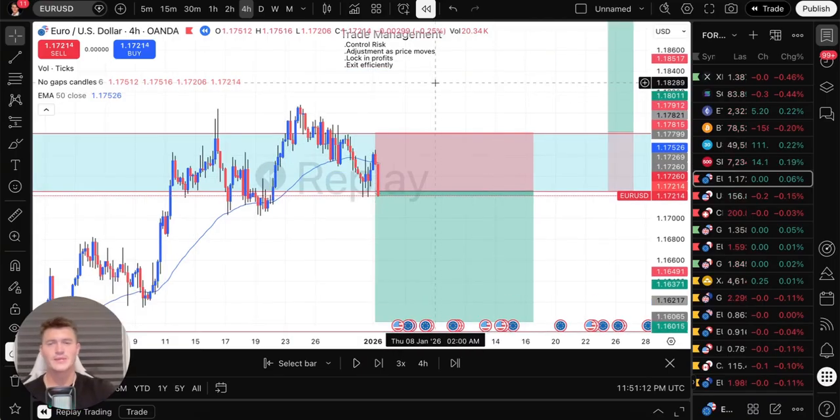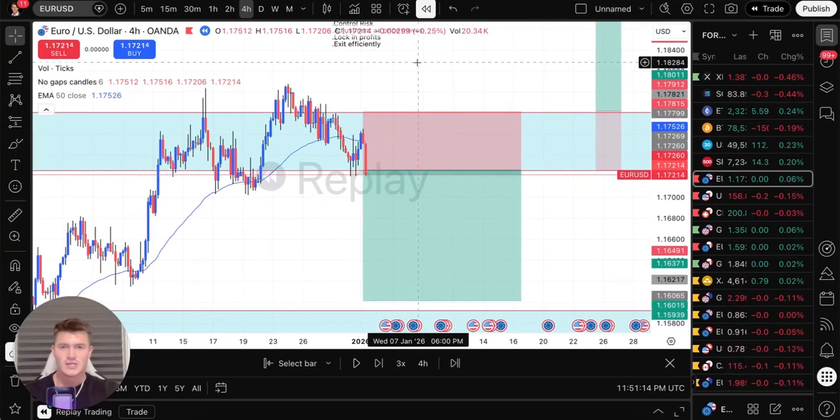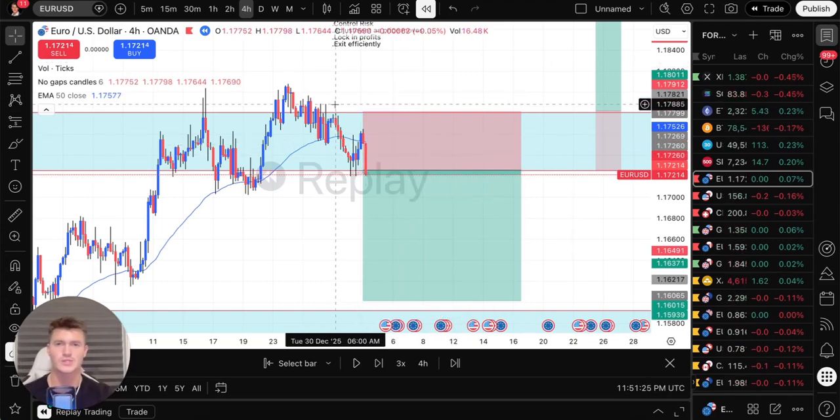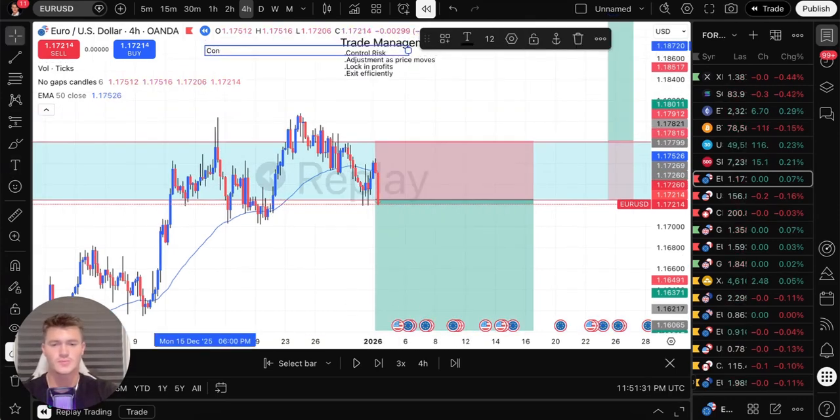The first thing we're going to be going over is our risk. So you guys know that we do not ever have a stop loss placed at random. We always have a reason we are putting a stop loss where we are putting a stop loss. So under control risk, but never put stops at random.